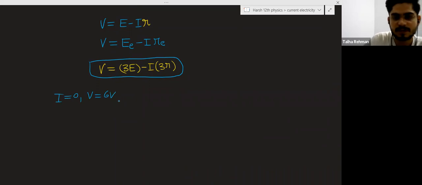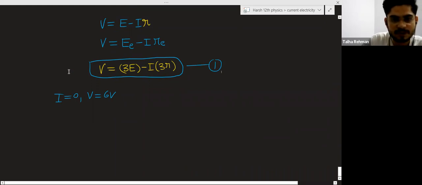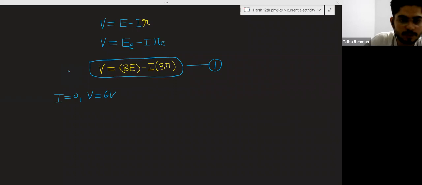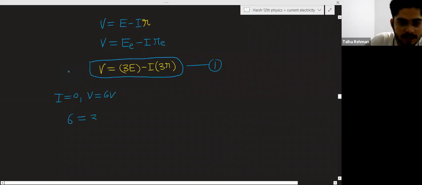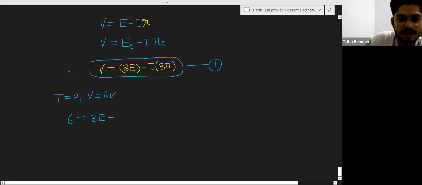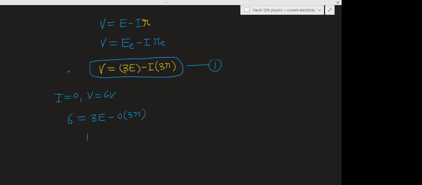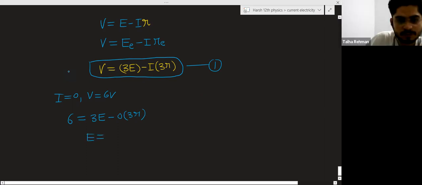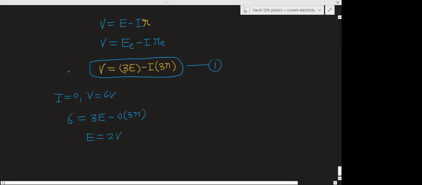Now put this value in this equation. Instead of V, you will put 6, and I is 0, so 3r multiplied by 0 is 0. So E you will get is 2 volt.